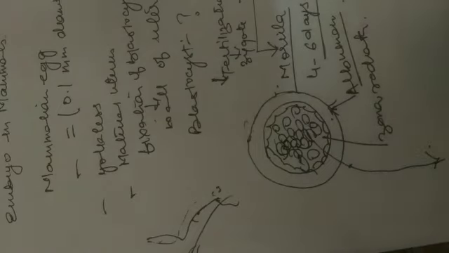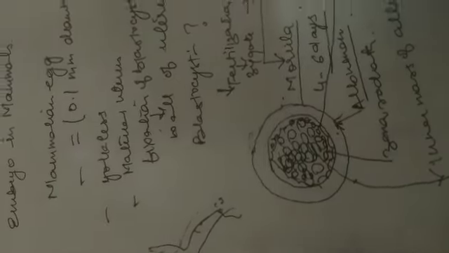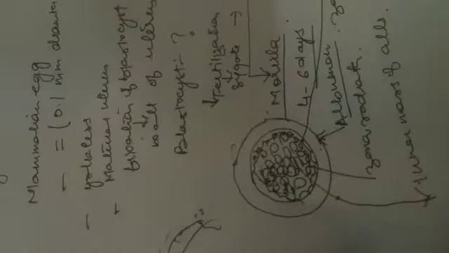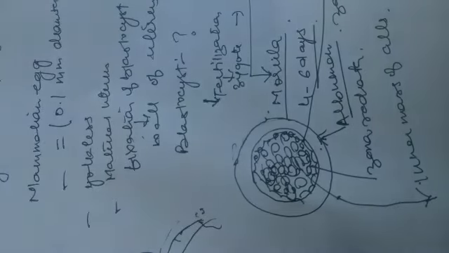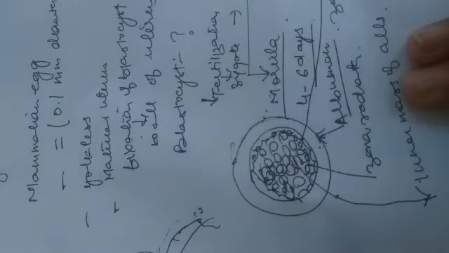This is your inner mass of cells, while the outermost layer of these cells is called the subzonal layer, right? That is how the morula reaches the uterus.